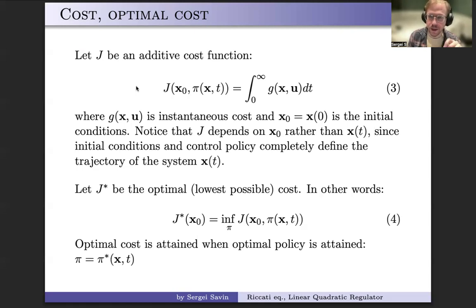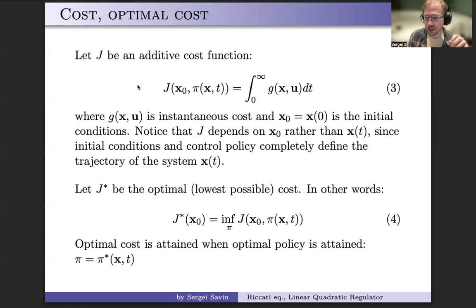So far, we have been talking about stability, so control that allows us to work without blowing up, without the state going towards infinity. Now, in this lecture, we are talking about optimality. So choosing not just any control that allows us to not blow up, but the best control out of all possible ones.